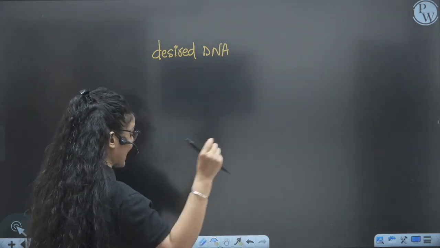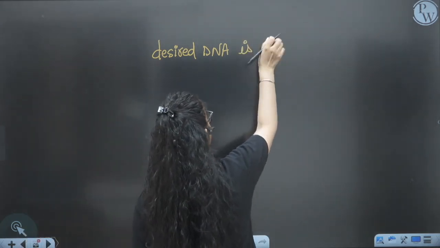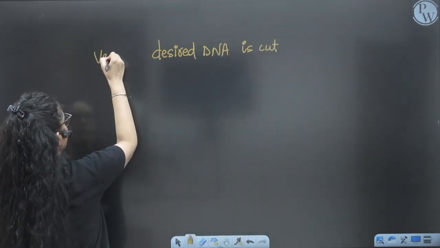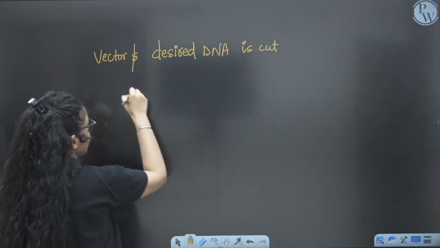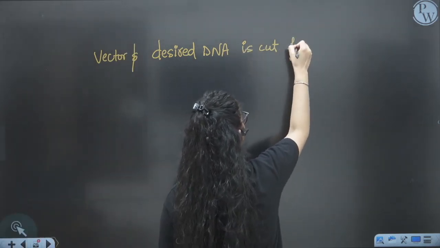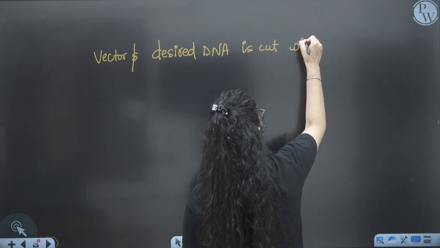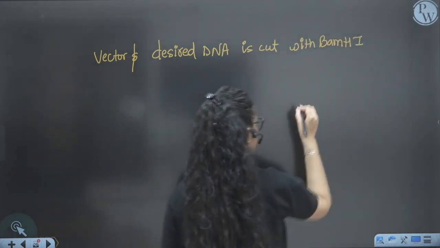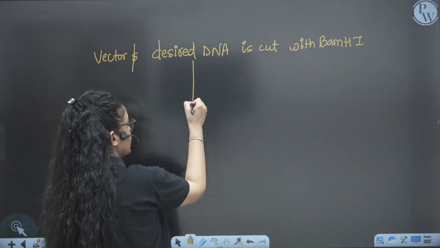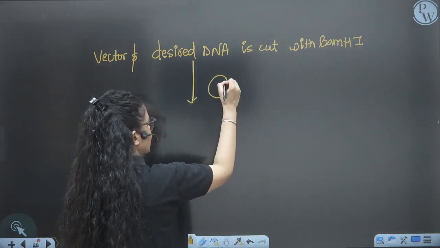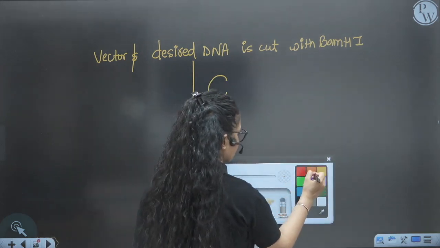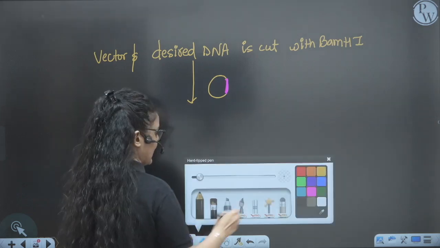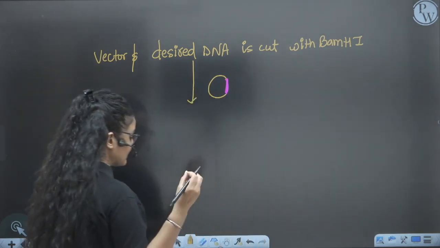So the vector and the desired DNA are both cut with BamHI. Now we will paste our gene of interest at the BamHI site, right? So we have produced the recombinant DNA.